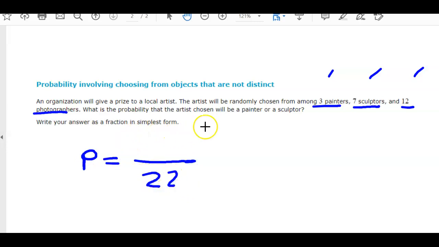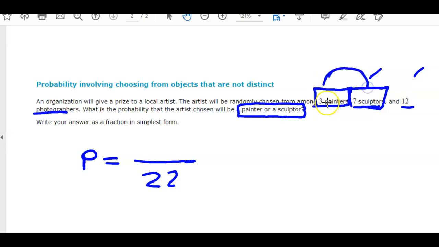So what is the probability that the artist chosen will be a painter or a sculptor? We have 3 painters and we have 7 sculptors. So these are the favorable outcomes. We can get 3 or 7, so there's 10 possible outcomes that are favorable.